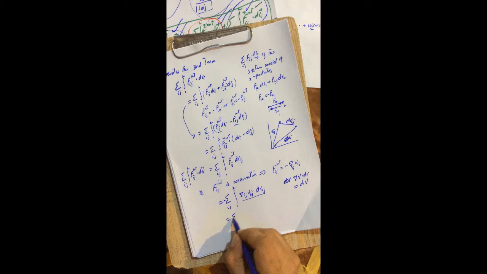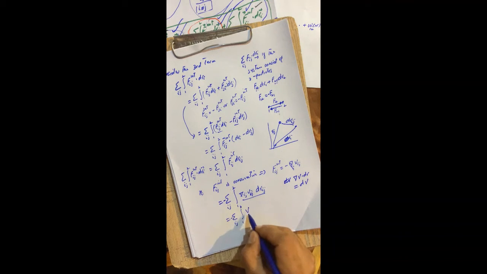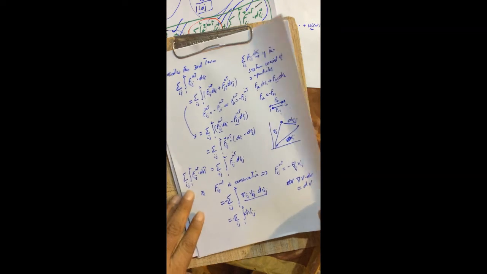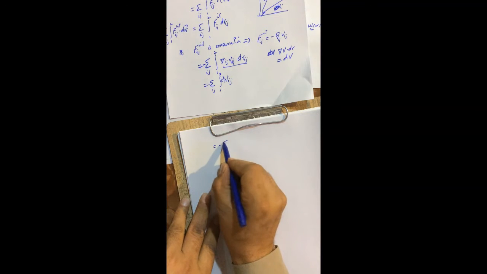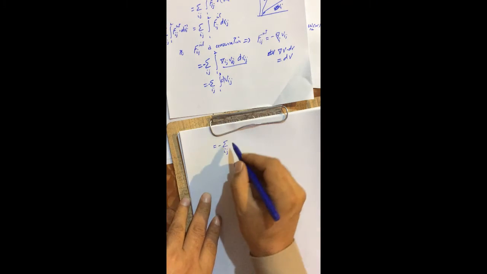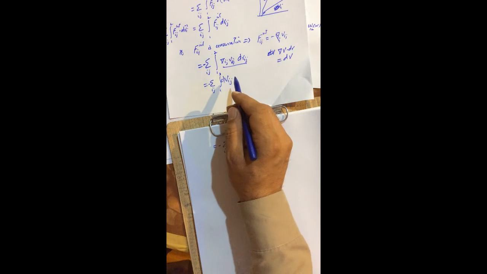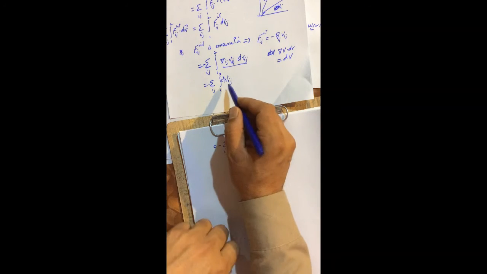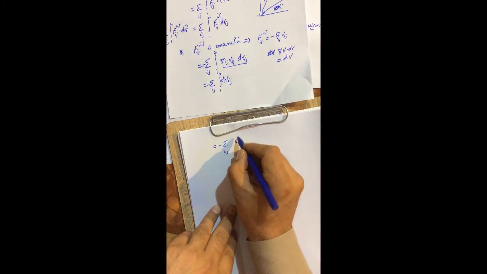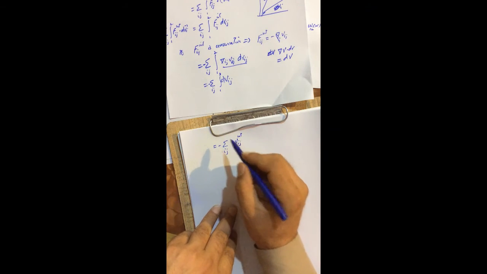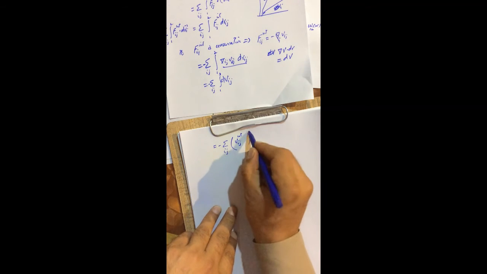So we can write it with a negative sign, sum over ij, integral from 1 to 2 of dVij. This is equal to minus sum over ij integral of dVij. If I integrate it, we get Vij, but this is internal. The limit of the integral is from 1 to 2.